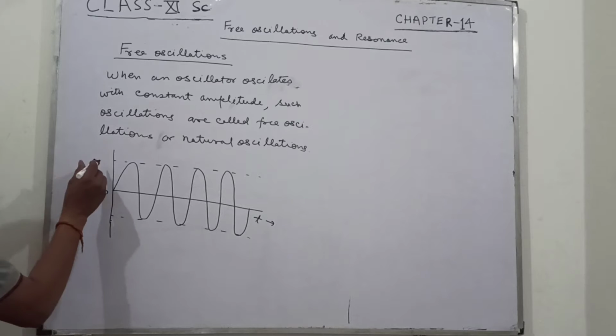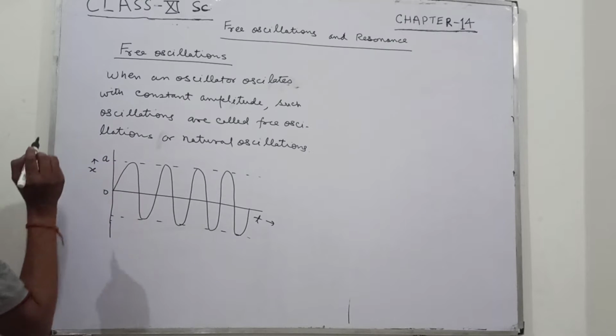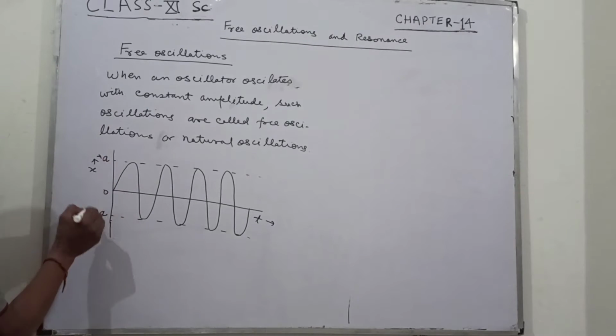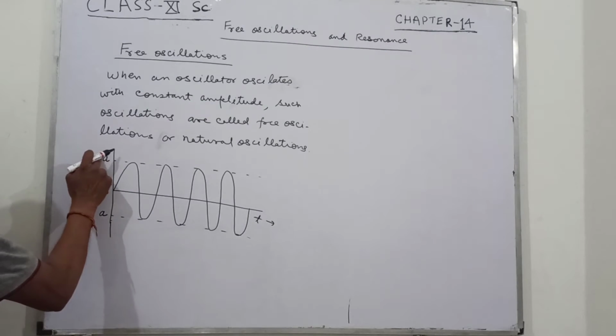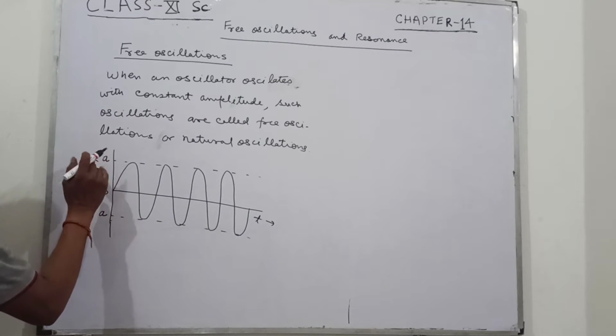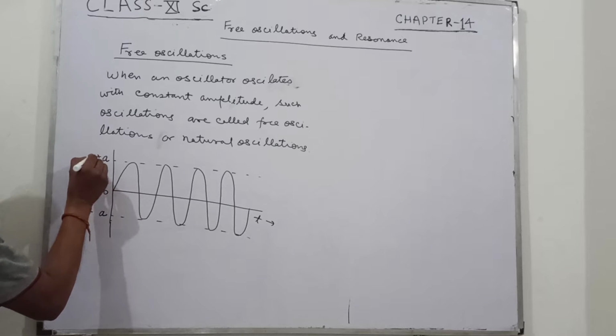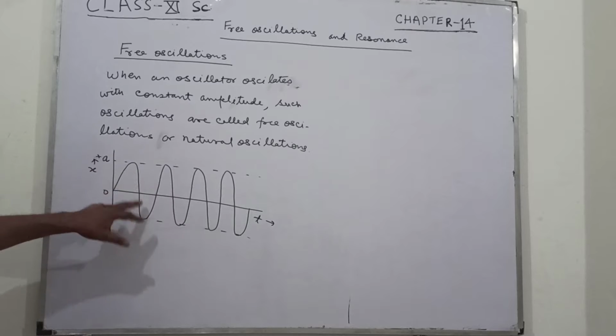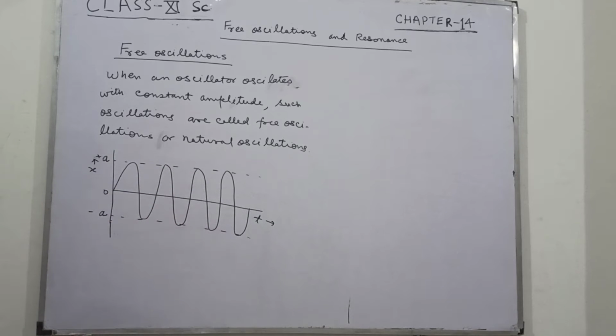This is the constant amplitude A. This is plus A, this is minus A. So you can see that this amplitude is constant. So here the body vibrates with its natural frequency.